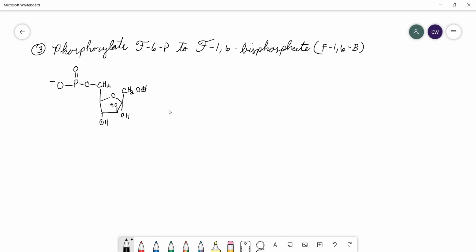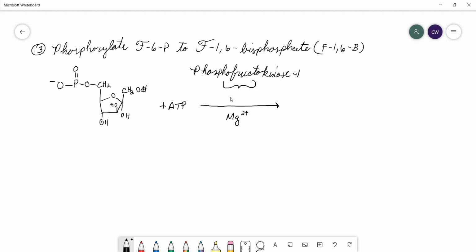We combine this with another mole of ATP and the enzyme called phosphofructokinase 1, which also requires magnesium ions.